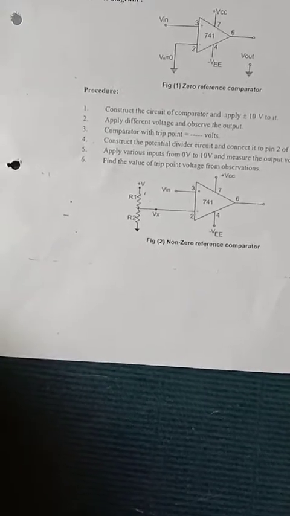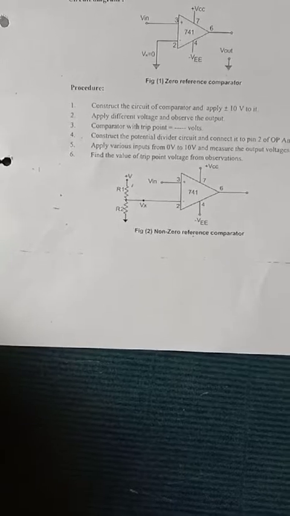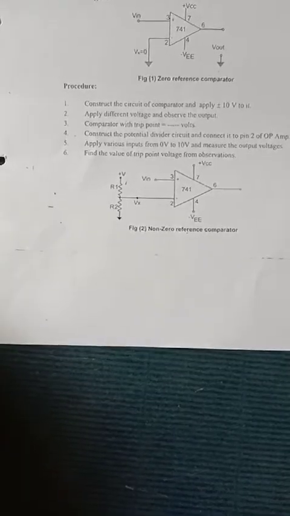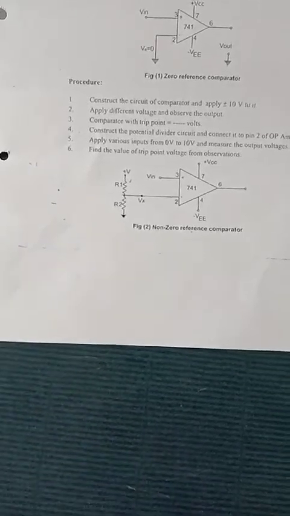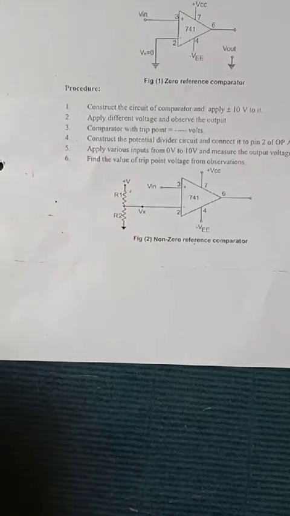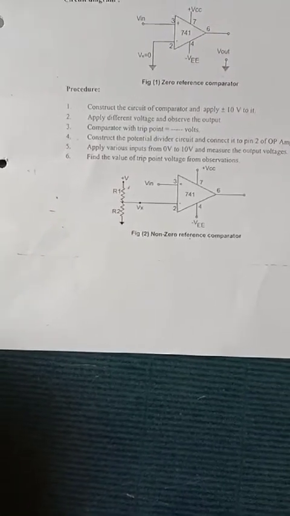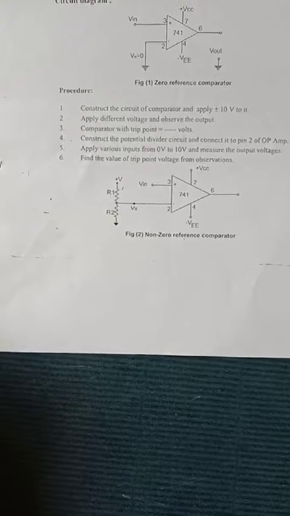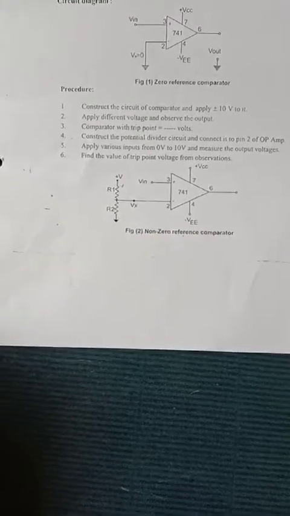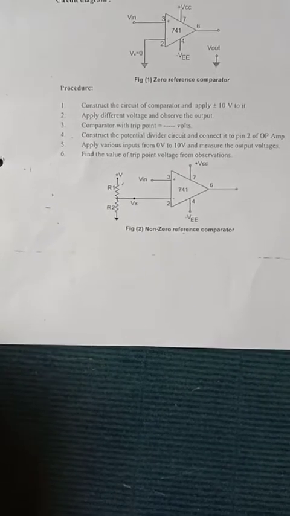Okay, and in case of inverting type comparator, the input voltage is applied to inverting input and a reference voltage is applied to non-inverting input. Then the condition of inverting type comparator is that if the input voltage is slightly less than reference voltage, then the output is positively saturated.